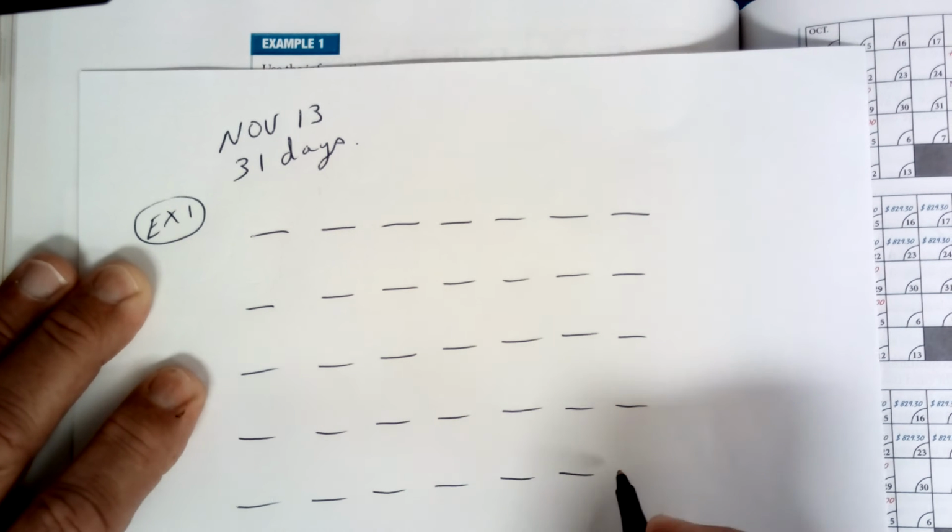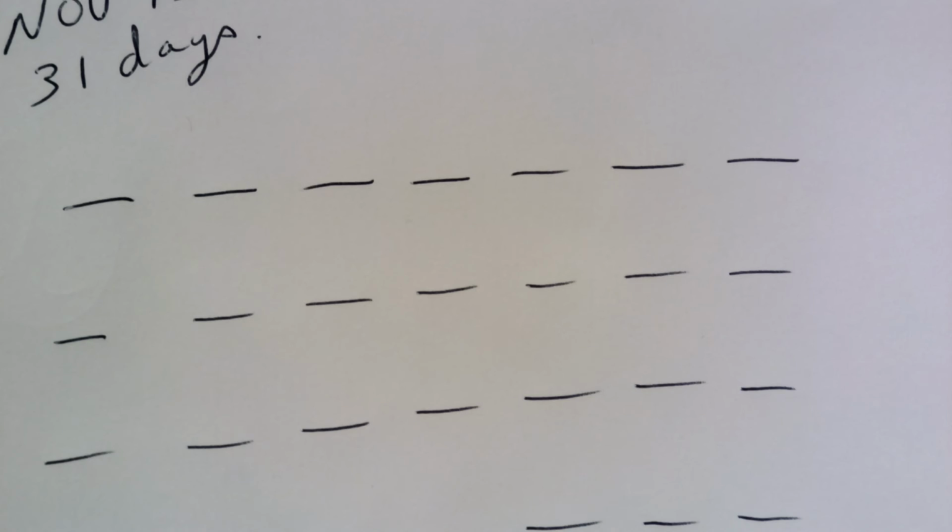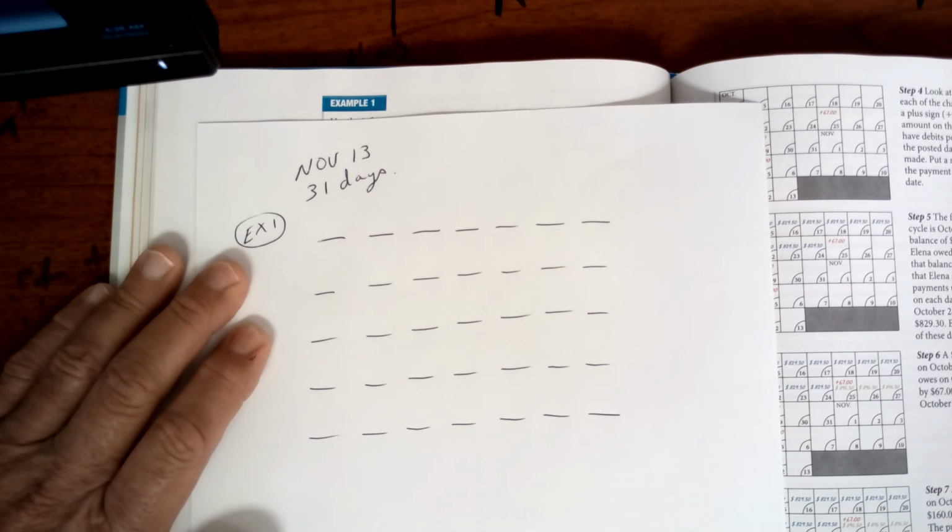When you do that, that basically mimics a calendar. So 7 times 5 should be 35 of these.